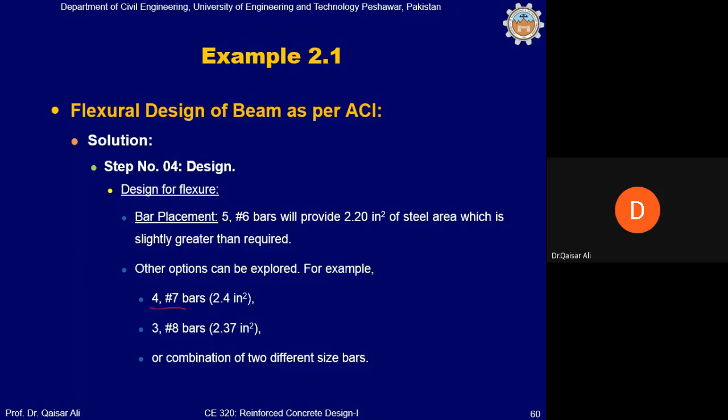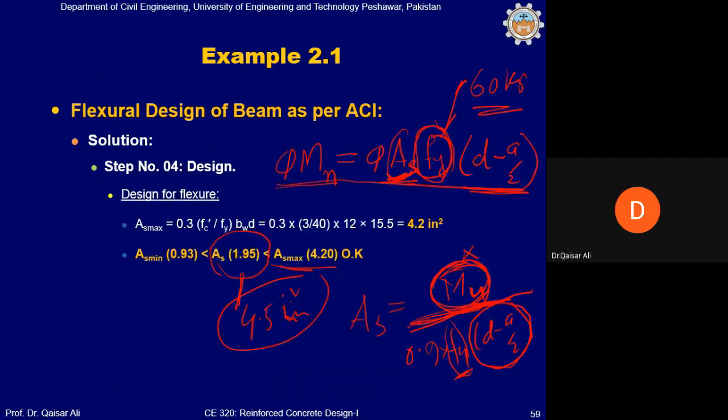Just to start with, let's say we are using number 4 bar. So can you calculate now the number of bars for 1.95 square inch? 1.95 square inch is the area of steel required. Try number 4, number 5, number 6, number 7, number 8 bar and tell me the number of bars required.